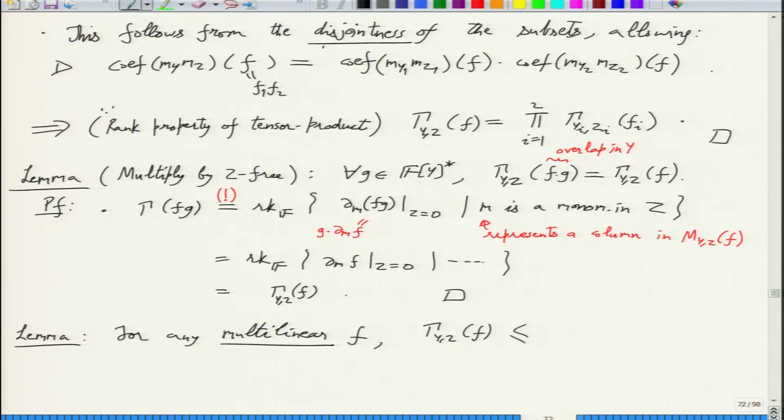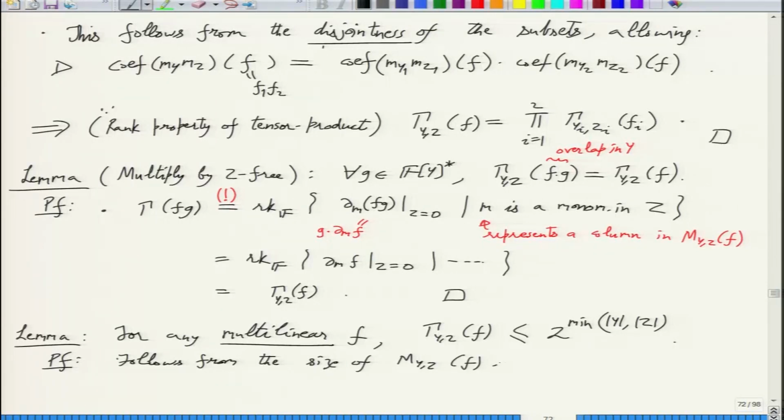Cancel columns, right? So 2 raised to min of y, z. Is that clear? Either the number of columns or the number of rows, whichever is smaller, is an upper bound. This just follows from the size of the M, y, z, f matrix.